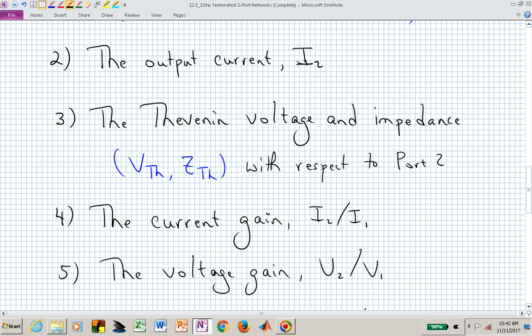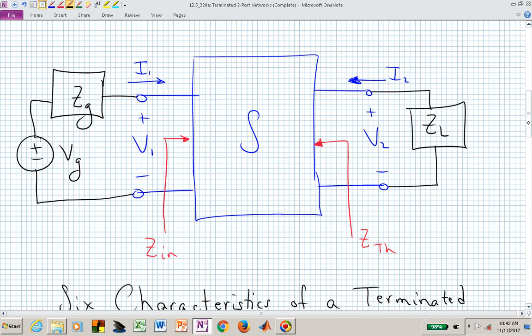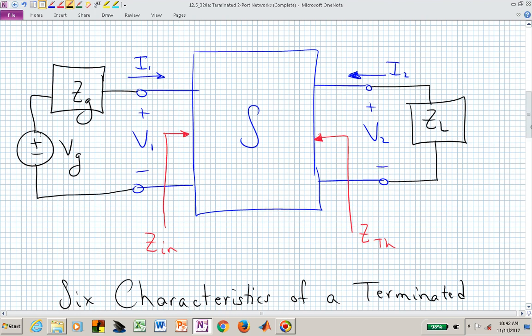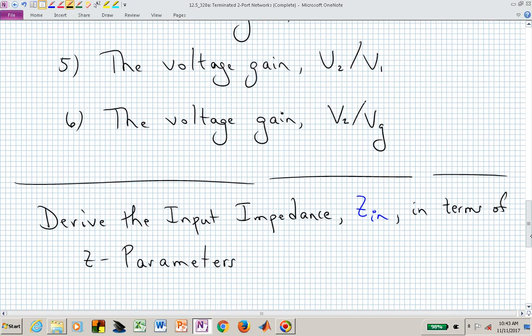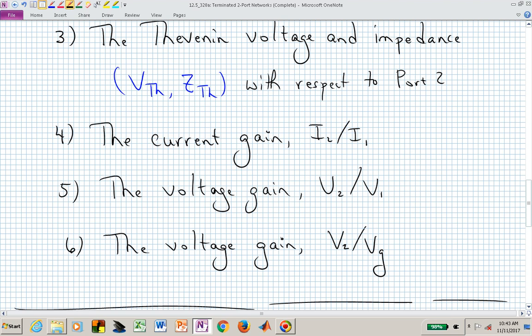You might want to see what's the voltage gain between the 2 ports on my two-port, V sub 2 over V sub 1, or you might want to find the voltage gain between V sub G and V sub 2, which would obviously then incorporate the Z sub G. So for the voltage gains, you could be talking about 2 different ones, V sub 2 over V sub 1 or V sub 2 over V sub G, and you'll want to make sure that it's clear which voltage gain is being asked for or determined.